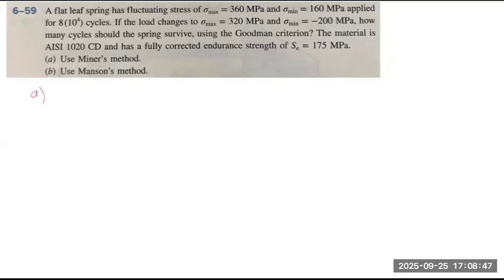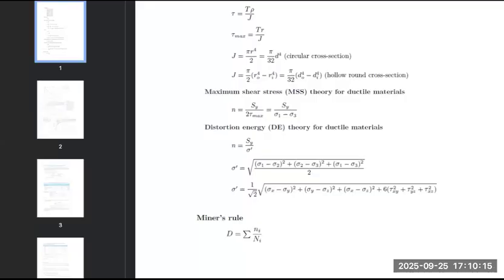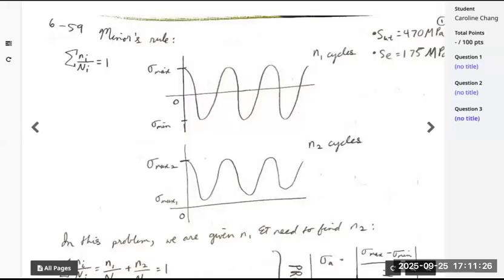So what is Miner's method? Miner's rule states that D is equal to the sum of small n_i over capital N_i. Miner's rule essentially says, for instance, we have a first loading that produces this type of pattern, and a second loading that produces this type of pattern.